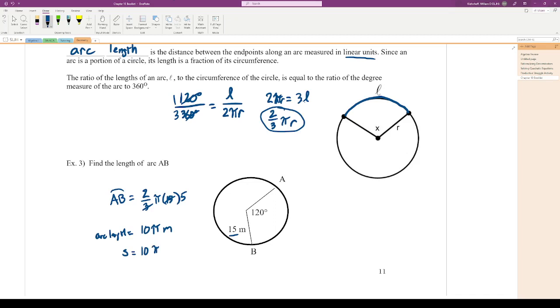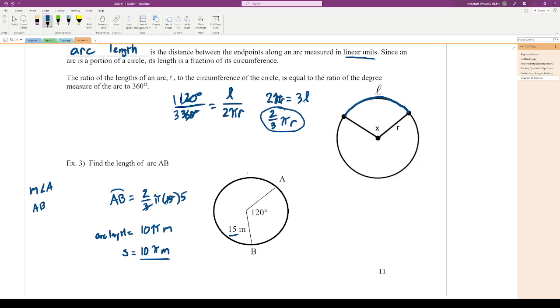For angles we have measure of angle A, or for segments we have AB to denote the length, but it doesn't seem like there is an equivalent for arcs that I can find easily. So we're just going to say the arc length is 10 pi meters.